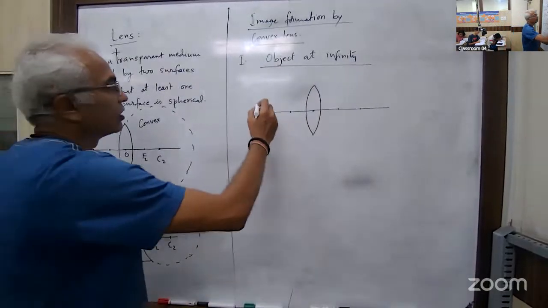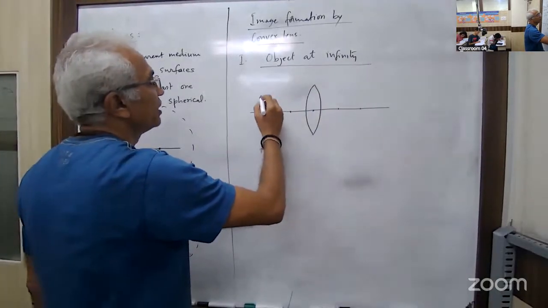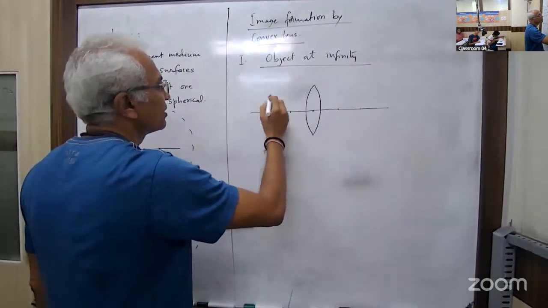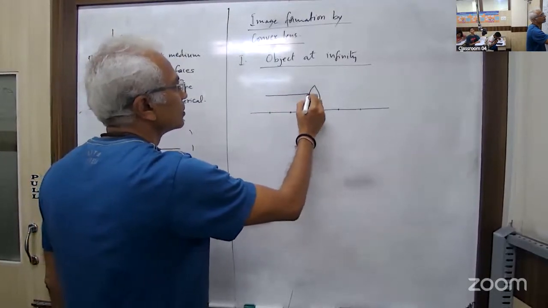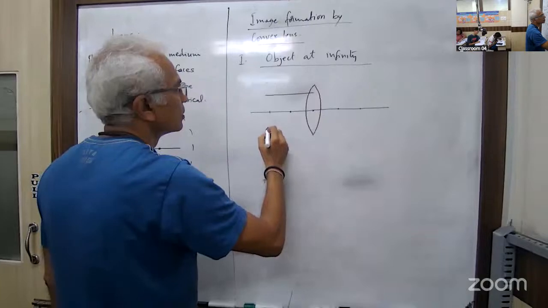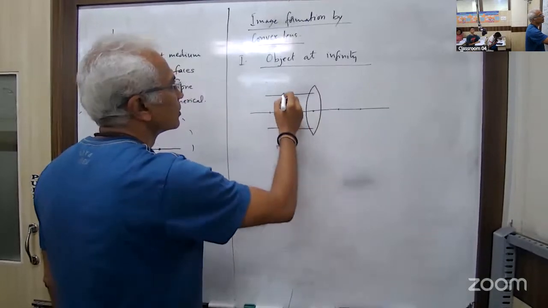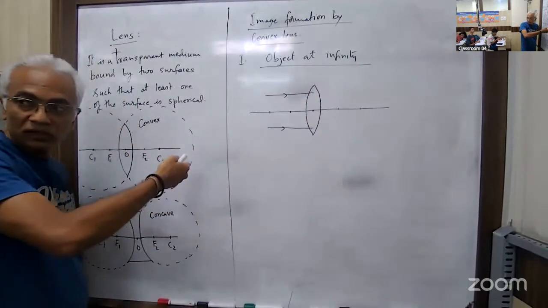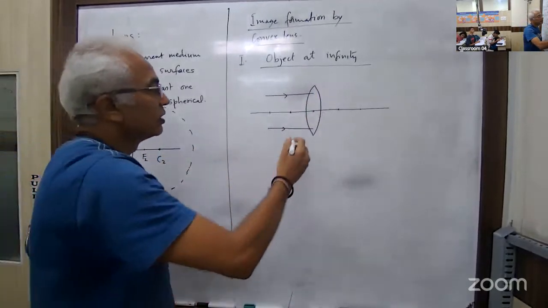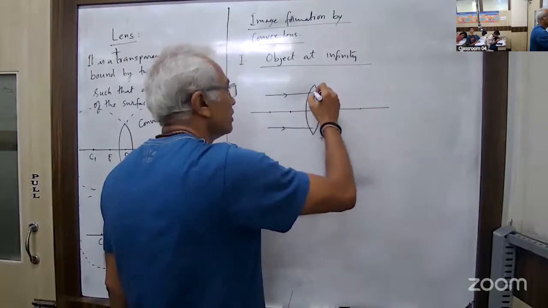So what do you have now? When the object is at infinity, what is the nature of the incident ray? It will pass through. Now for a mirror it used to reflect and pass through the focus. In this case it will go on the other side.